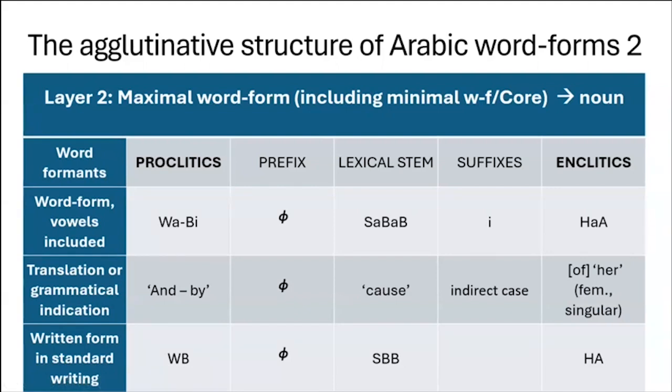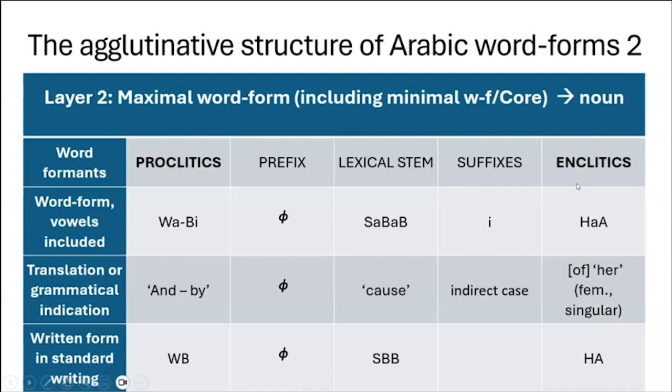Then I move on to layer two, which is the maximal word form, which includes, of course, the core. You have one example with no prefix here because the example is a noun and there are only prefixes in some verbs. Then you have proclitics. Proclitics are conjunctions and prepositions composed of one word, usually uniliteral.